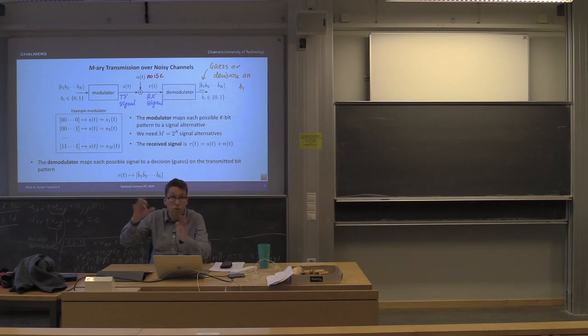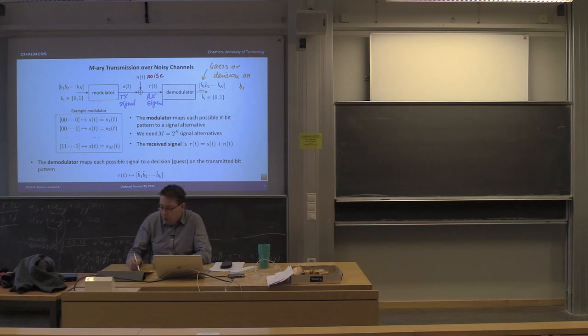It's nothing to do with Fourier transform or anything like this. It's just a notation. So B hat means our guess on B. Ideally, B hat should be equal to B. Then there is no error. But it could be that B hat is not equal to B, then we have an error. So the beauty about the digital communication is that either we have a correct thing or we have the wrong thing. There's nothing in between.